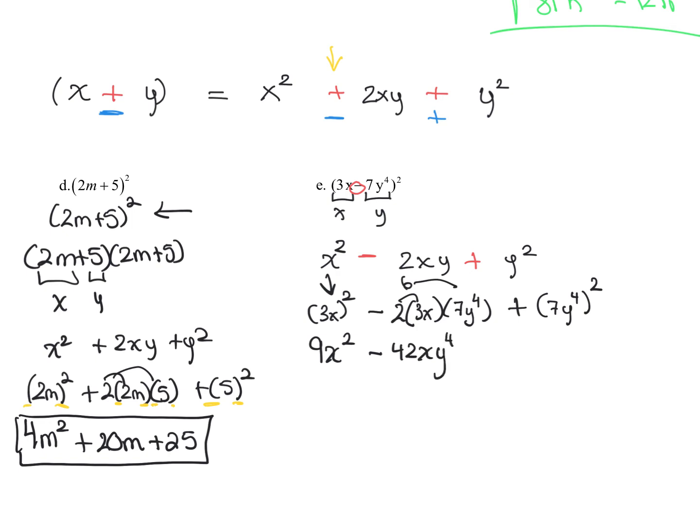Remember, we always write the letters in alphabetical order. And then plus the 7 gets squared, so 49 y to the, remember these get multiplied, so 4 times 2 is 8.